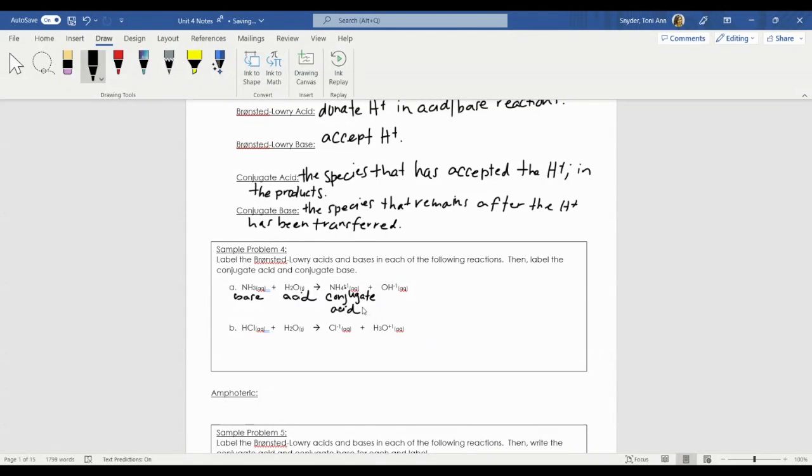And that's because NH3 gets more acidic when I add that proton, right? Because that's what makes something acidic, is it tends to have a lot of protons, or it's able to donate protons. That ammonium ion can donate a proton back to something else if it really wanted to. So we call that the conjugate acid, whereas this hydroxide is the conjugate base.